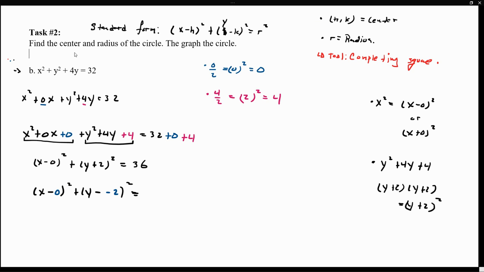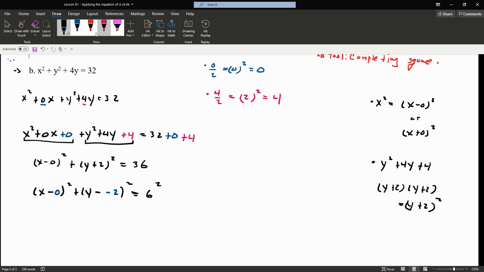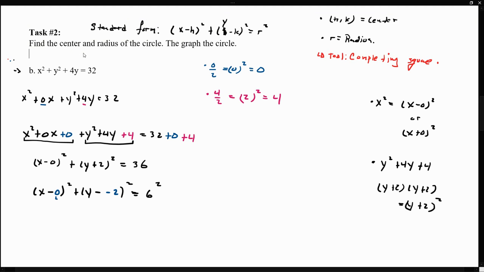But we want to write it with the second exponent, so that becomes just 6 to the second. Notice that this time I'm writing certain numbers in blue, because now we can clearly see that this is my value of h and this is my value of k.